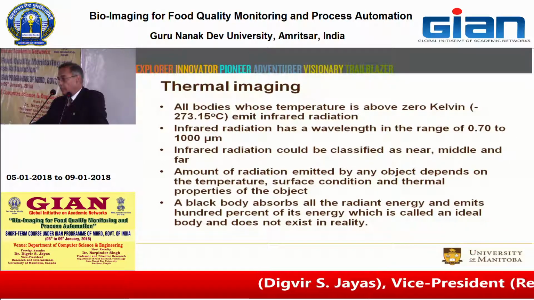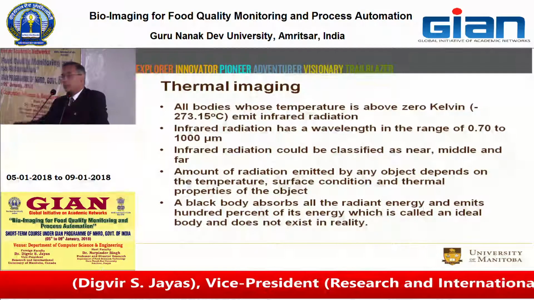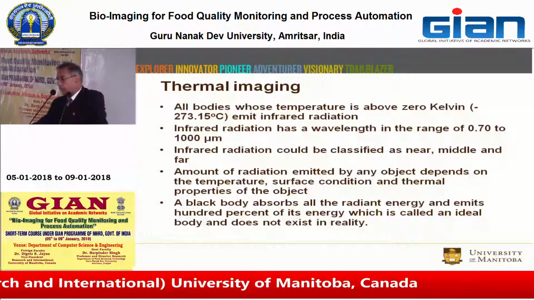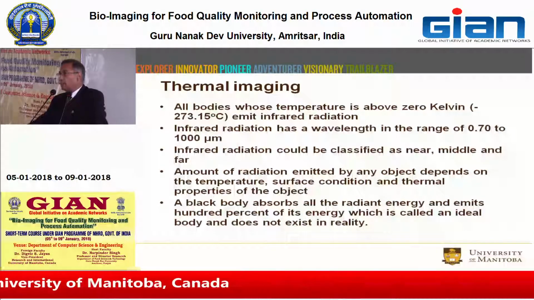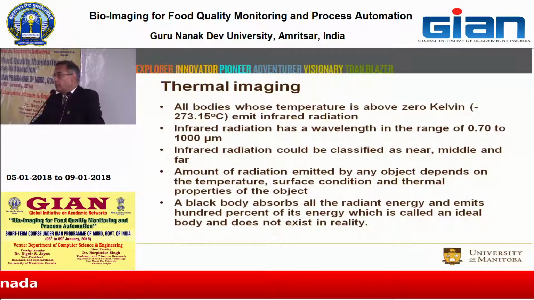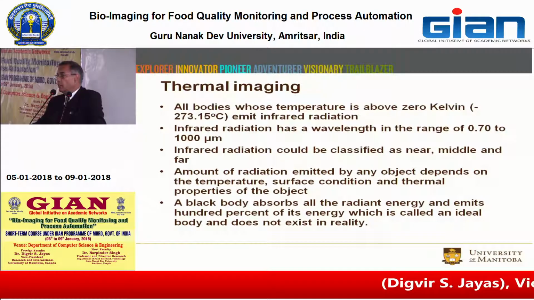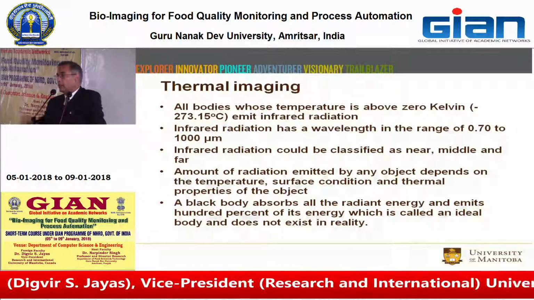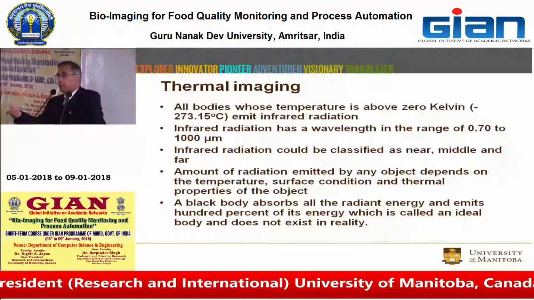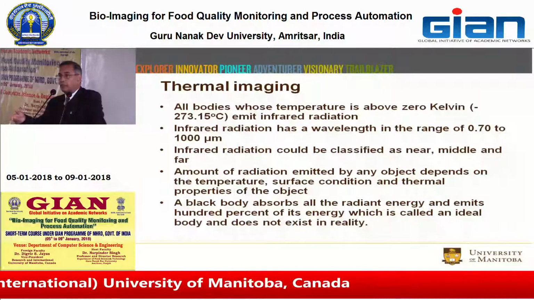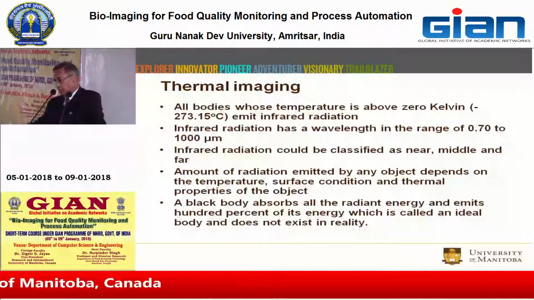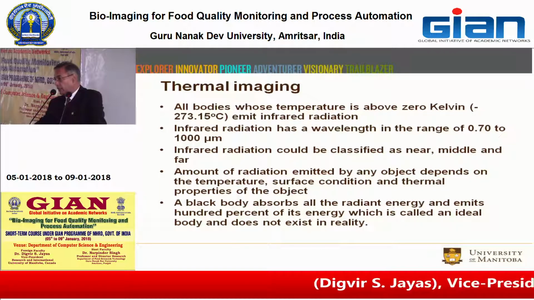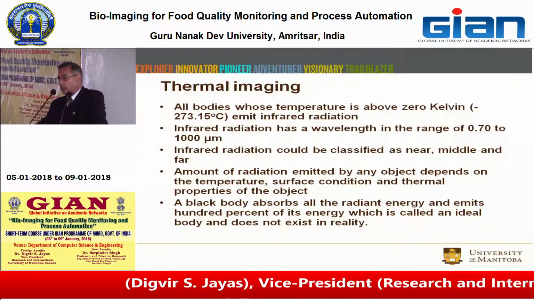At the same time, it emits 100% of energy, and that's why it is called an ideal body, but it really does not exist in reality. All materials have emissivity, absorptivity and transmittivity coefficients, which are the ratios of the radiation being emitted by the body to that of the black body.